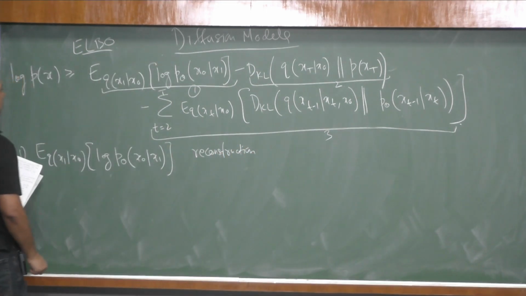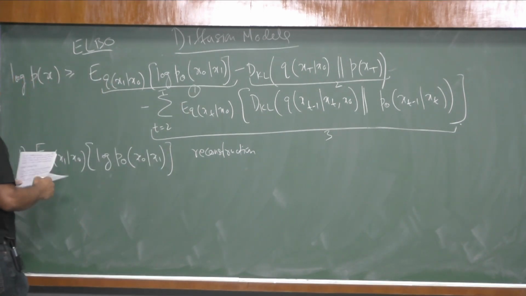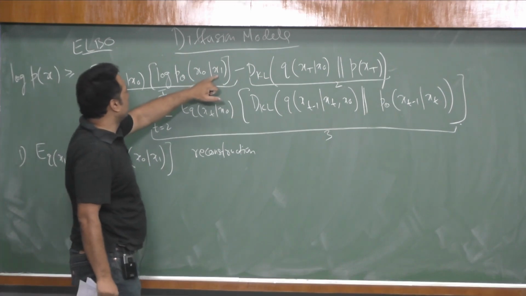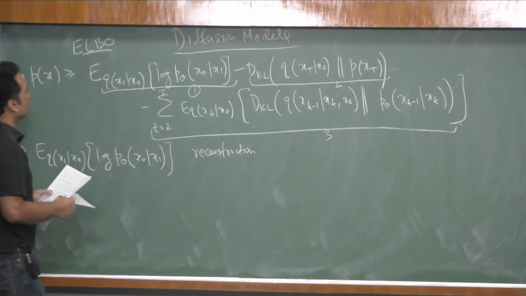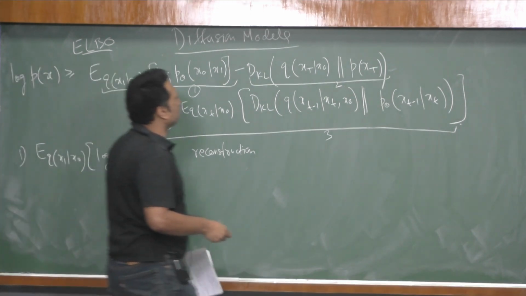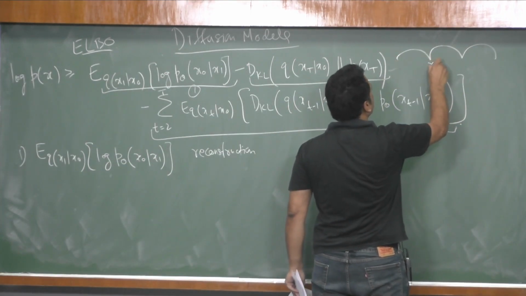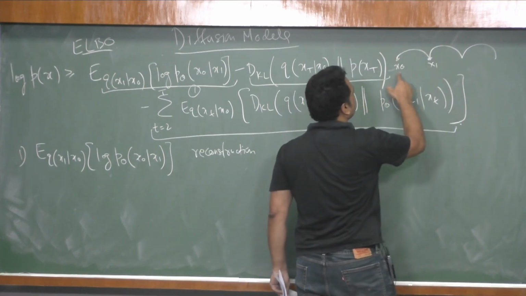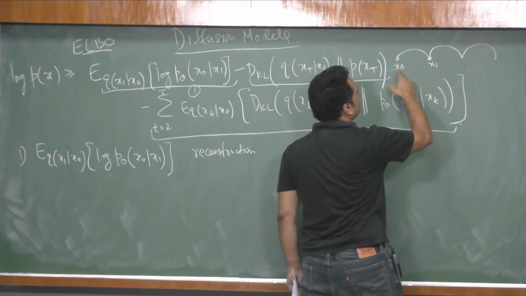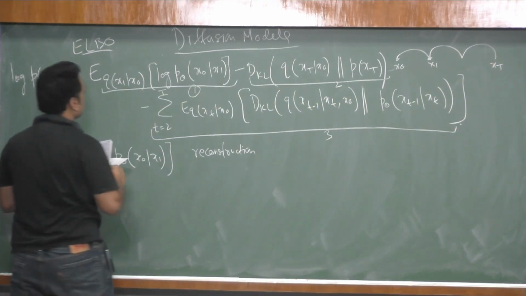Basically we are reconstructing our original data x0, and from here it seems that we are reconstructing from x1. So we are saying reconstruction from the immediately previous step, although we start from xT. So we call it reconstruction.